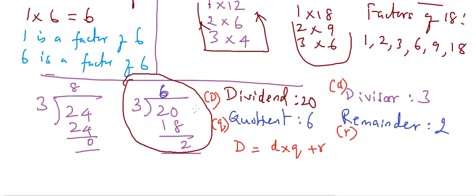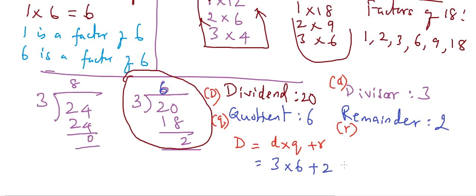Okay, in this case, what is the divisor? 3, quotient 6, so 3 into 6 plus remainder 2. So we get 3 into 6, 18, 18 plus 2 equal to 20, which is the same as the dividend.